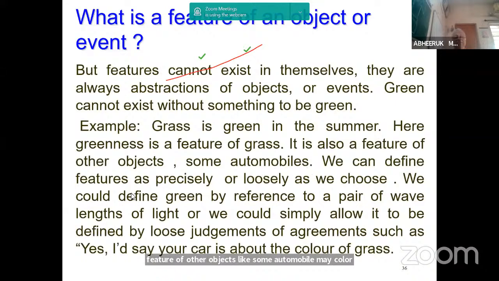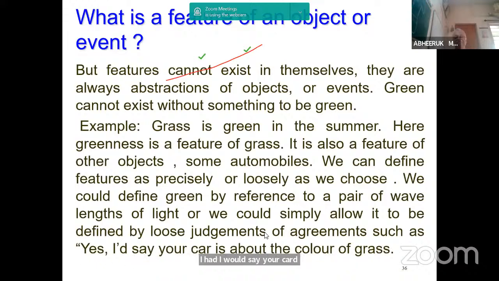So we can define features as precisely or loosely as we choose. We can define green by reference to a pair of wavelengths of light, or we could simplify it by loose judgments or agreements, such as, yes, I would say your car is about the color of grass.